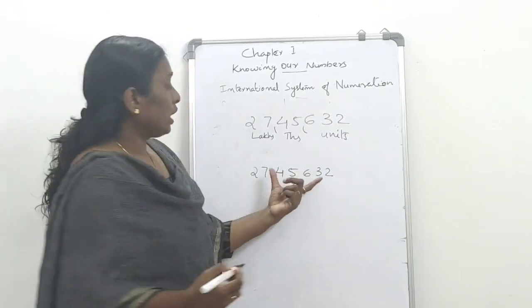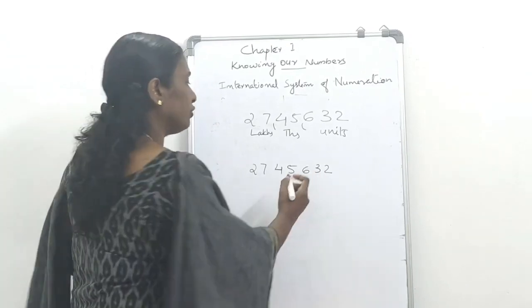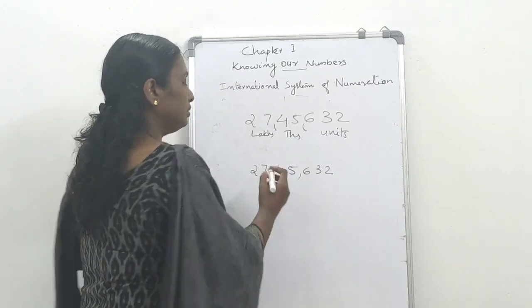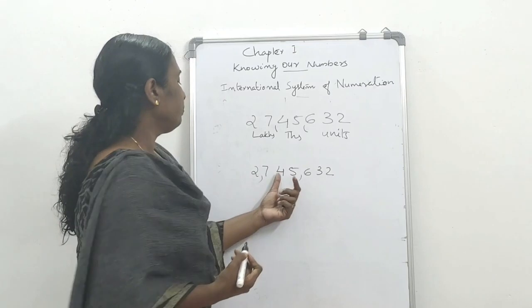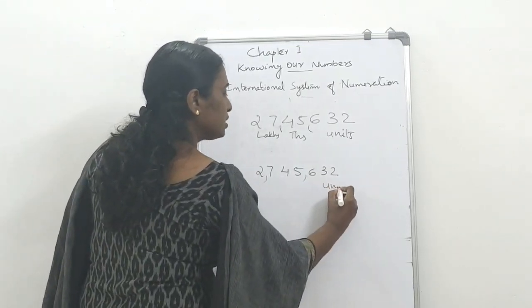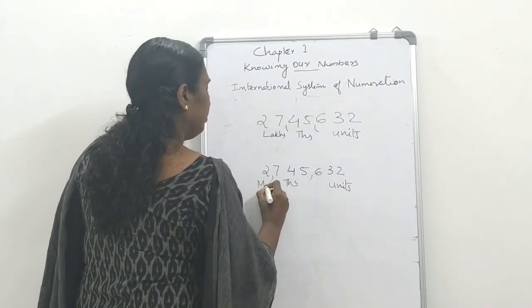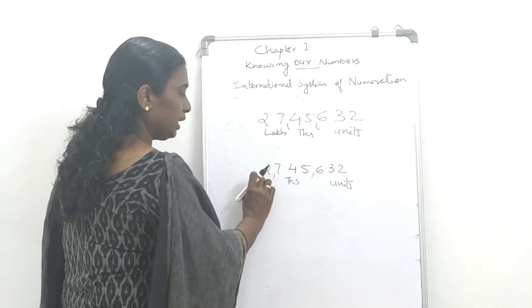According to the international system of numeration, 2745632: first comma comes after 100, three places. Then the next comma comes again three places later. Here the three periods are: this is units, thousands, millions. Here in the millions period the number is 2.